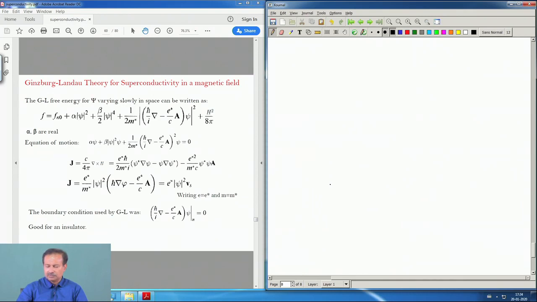What we are trying to work out now is to see what happens if a superconductor is placed in a magnetic field. Now, of course, we know that there is a Meissner effect. So, all the fields will become expelled. But in a remarkable paper, Abrikosov showed in the late 50s, around 57, that that is not the case always.